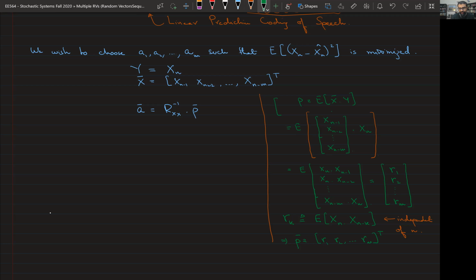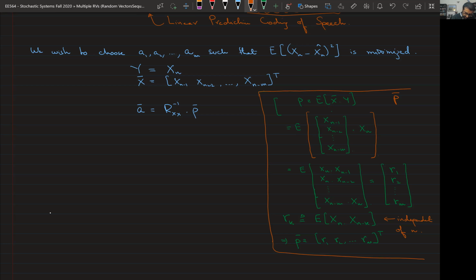What's left is the correlation matrix. Okay. So what is the correlation matrix? So this is P, right?